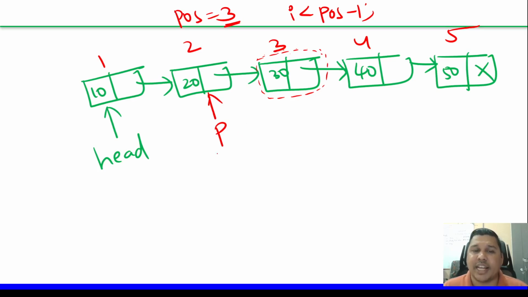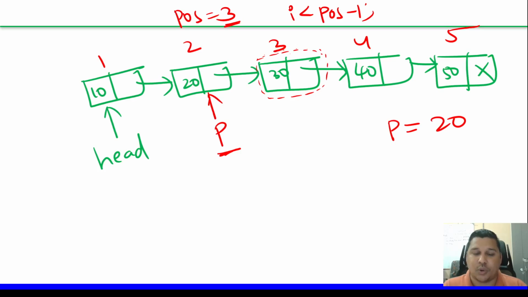One pointer is enough, I guess. This is my P. Now, let us talk in terms of numbers. Where is P pointing to? P is pointing to 20.